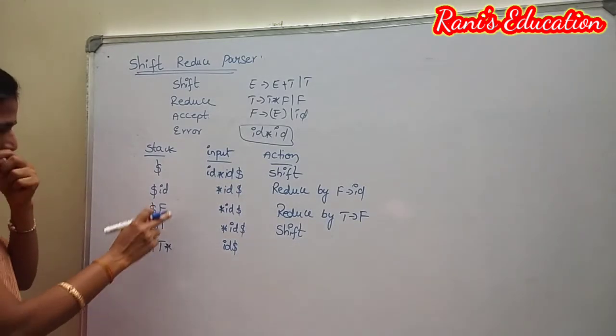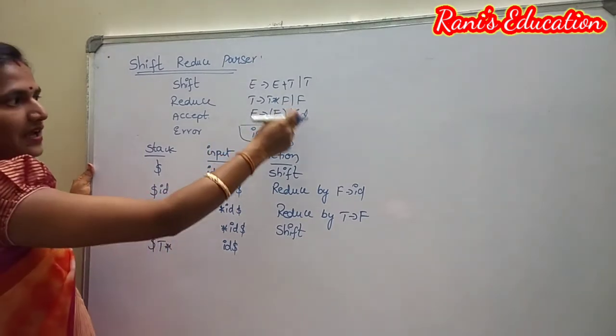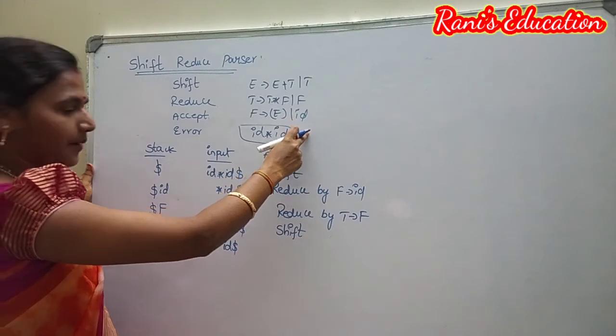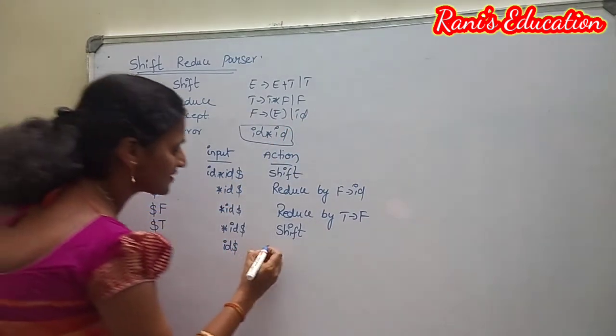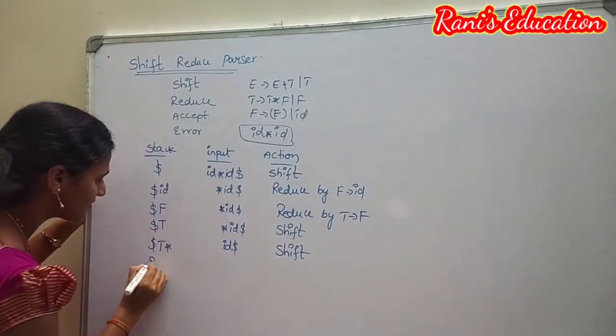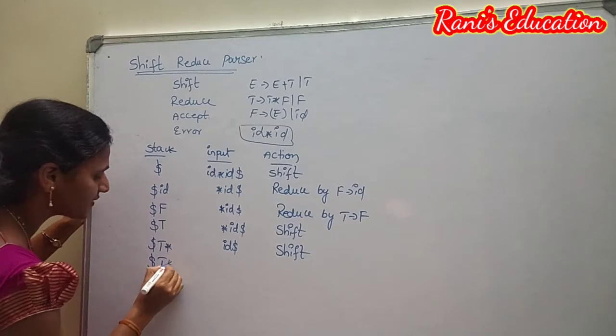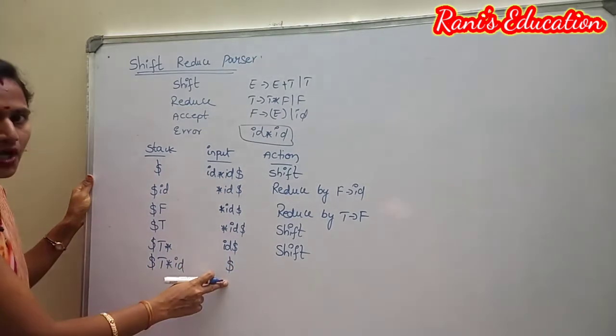Now is there any reduction for these symbols in the stack? No, we don't have any reductions with respect to the given grammar. So I am going to shift this input symbol onto the top of the stack by performing the shift action. That is, $ T asterisk id, and the remaining input is dollar only.